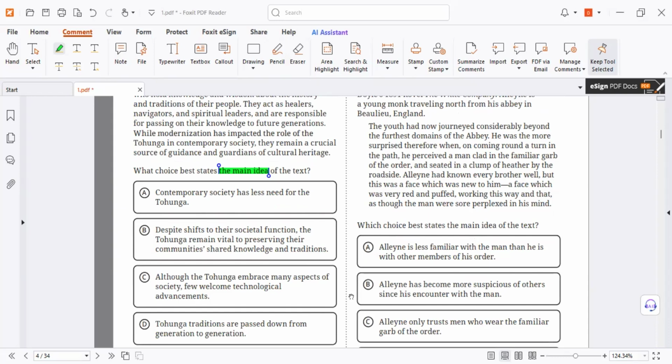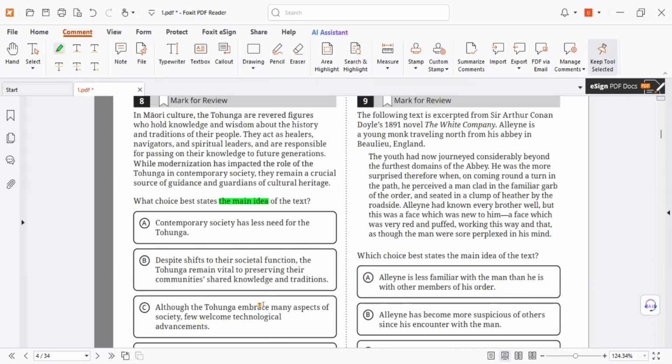Letter D, but it's not mentioned. They are passed down, came from generation to generation. Where is that?